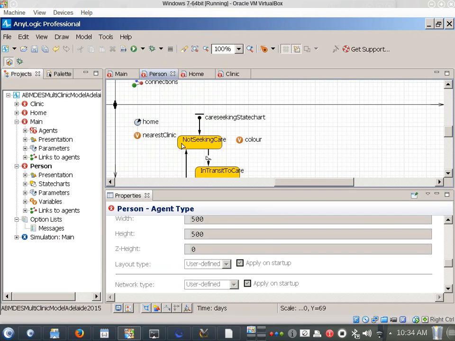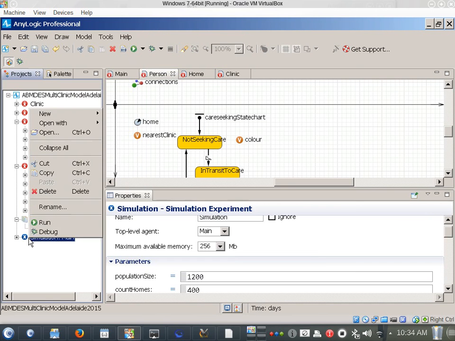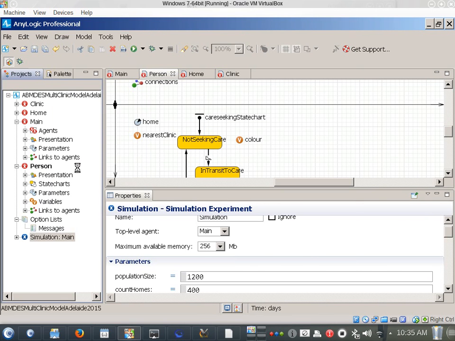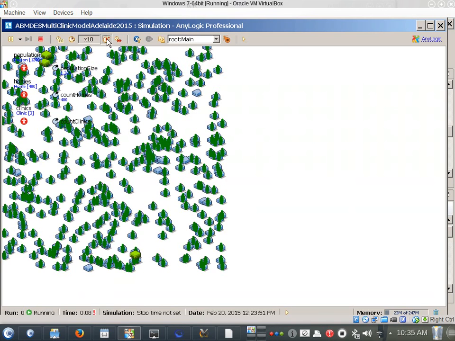Okay, let's set the velocity in the entry point to be 1. It might be a good idea to do that through the interface rather than coding it. That's not a bad idea.